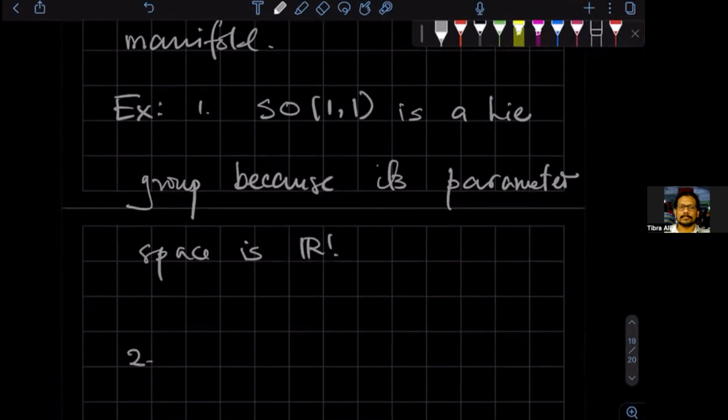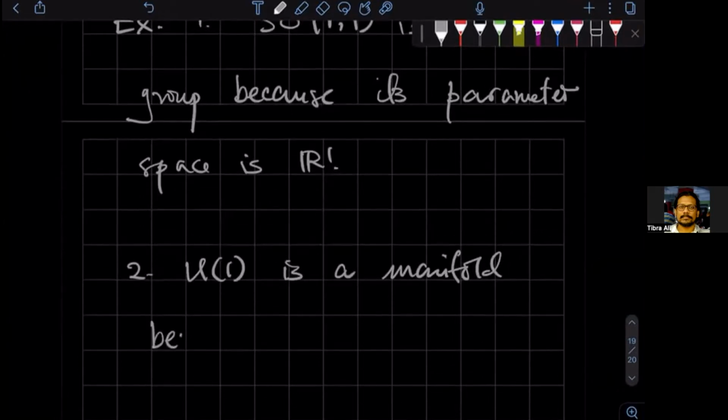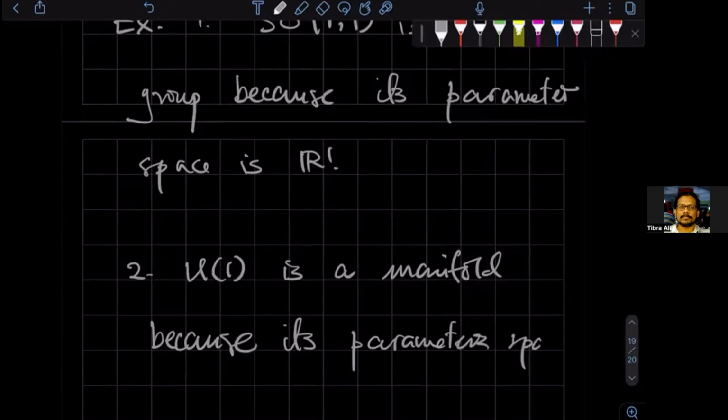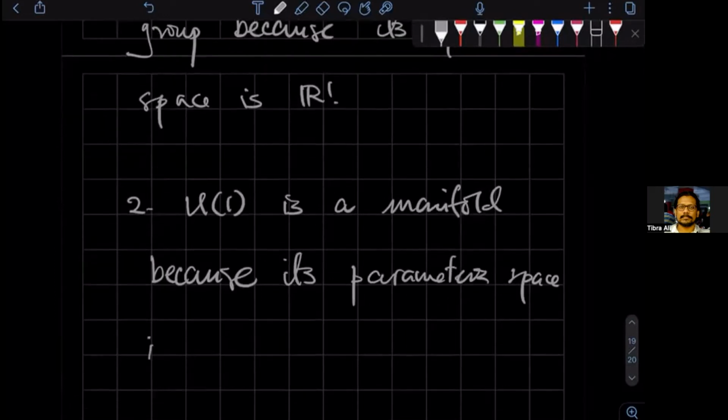Number two, U1 is a manifold because its parameter space is a circle.